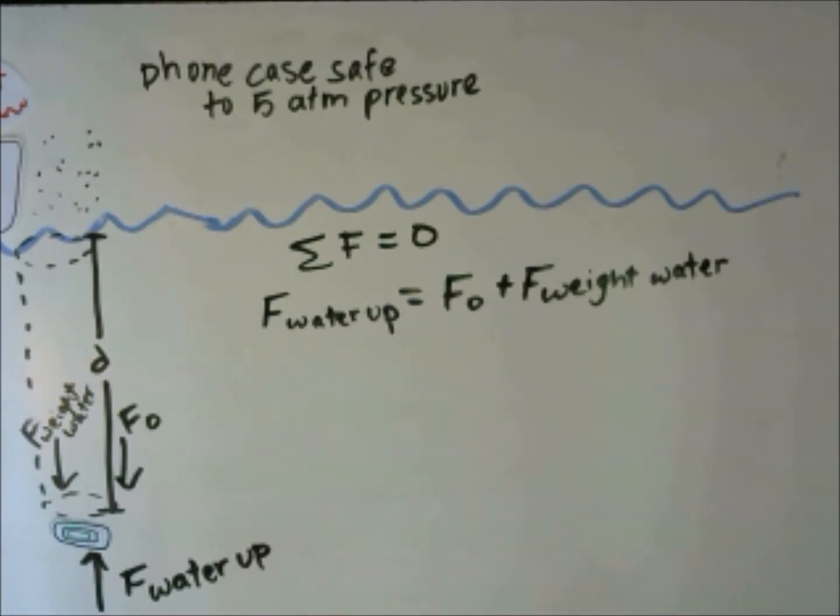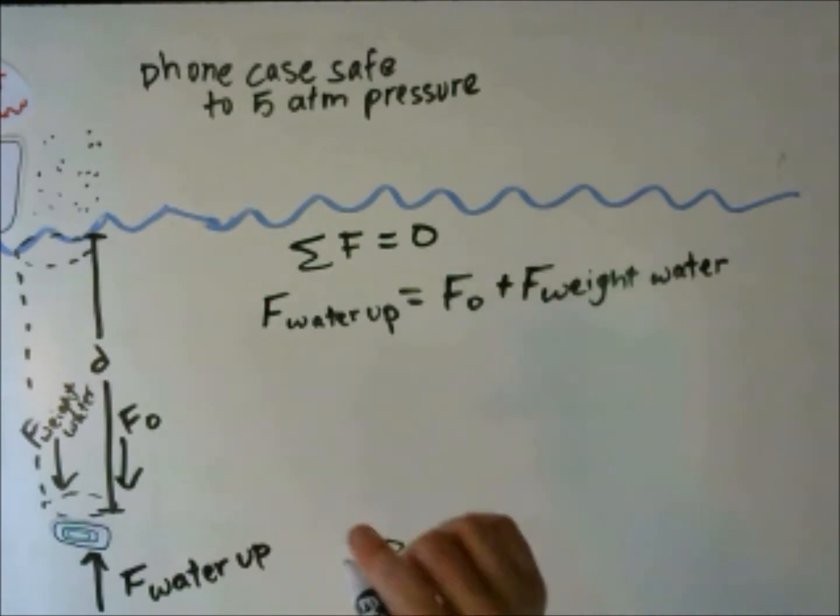So we have to remember our equation for pressure. And remember that pressure is not equal to force. So since pressure is equal to force over area, we can replace force with pressure times area, because this equation can be rearranged to be PA equals force.